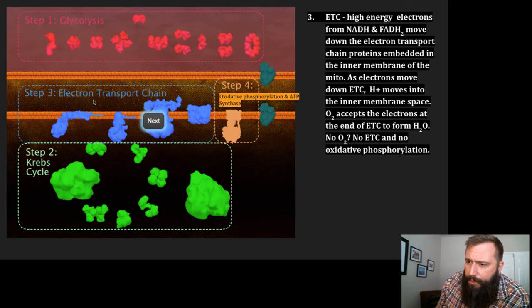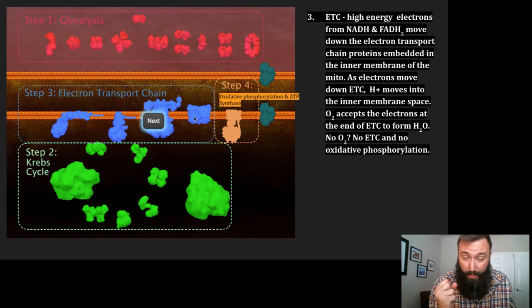Something that's interesting that happens here is that one of these proteins at the very end of the electron transport chain will take oxygen gas that you're actively breathing in right now. Think about what's going on. Oxygen is going to accept the electrons at the end of the electron transport chain, combine with some H+ ions in the area and form H2O, water.